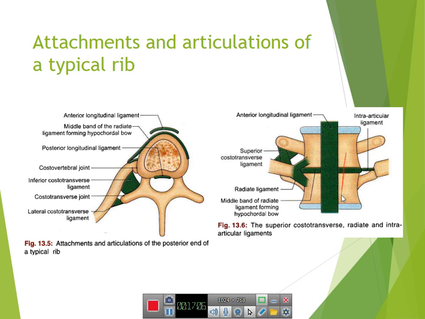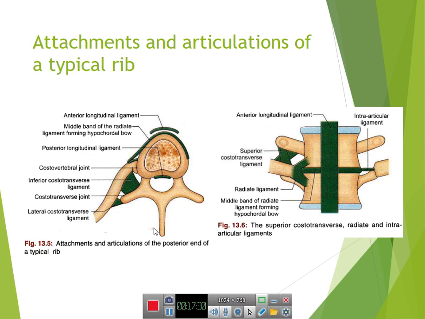The vertebrae have two transverse processes, and we can see two vertebral ends of the ribs that articulate with the vertebrae. And we have a structure in green color that's our ligaments.